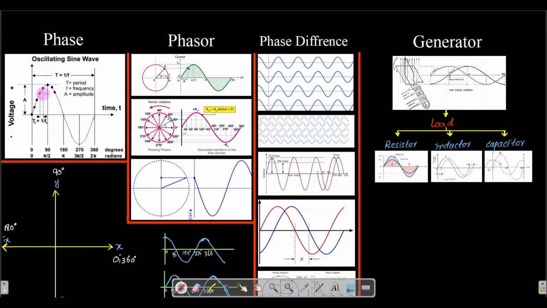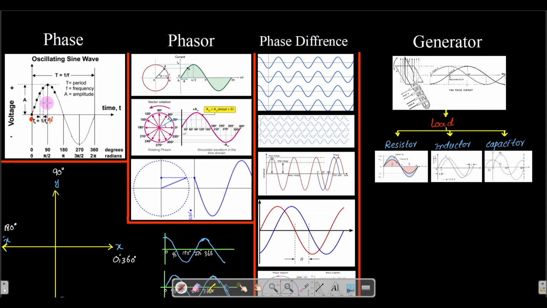So here this complete one cycle consists of about 360 degrees. At 0 degree the electromotive force is 0. So let's say this is 1 degree, 2 degree, 3 degree, 4 degree, 5 degree, and up to 90 degree.